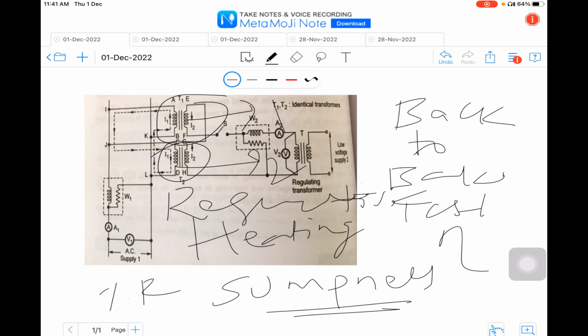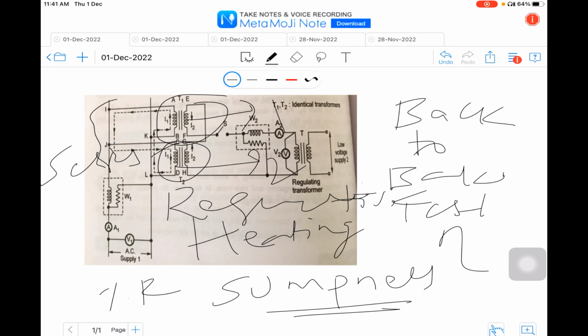The primary windings of both the transformers are connected in series, with their polarities in phase opposition.